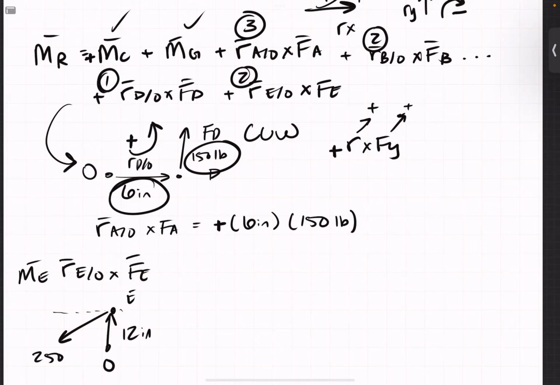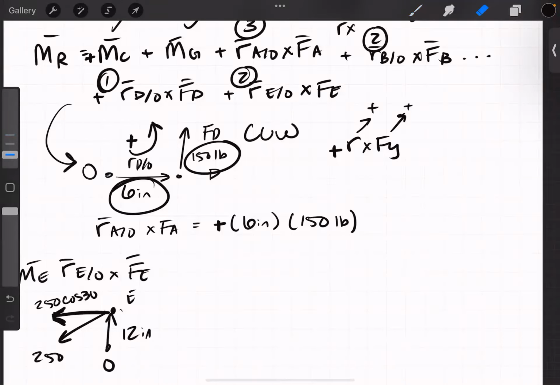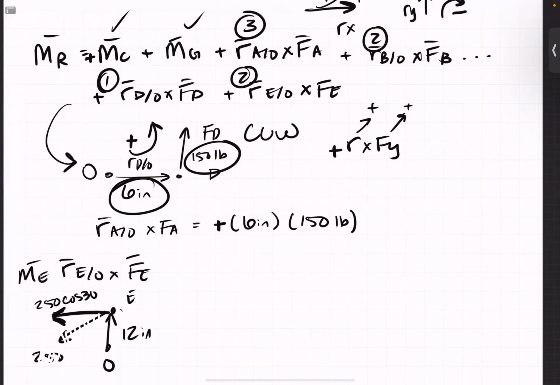We could manually go back and look at our vectors or look here and remember that the X component was 250 cosine 30. We're looking at magnitude here. The arrow going to the left has already taken care of the direction. In that case, we don't really need this anymore because we have the component that's perpendicular. Manually, if we turn this square into a curve, we would see that the force is pushing EO to turn counterclockwise.